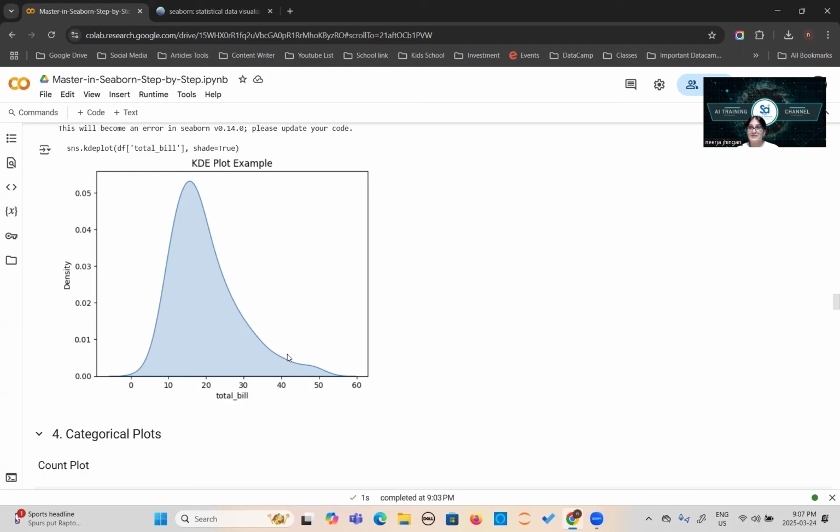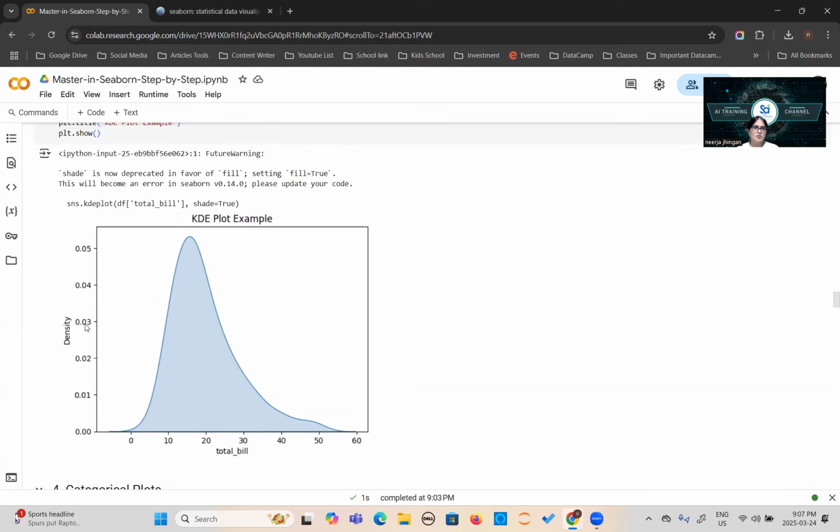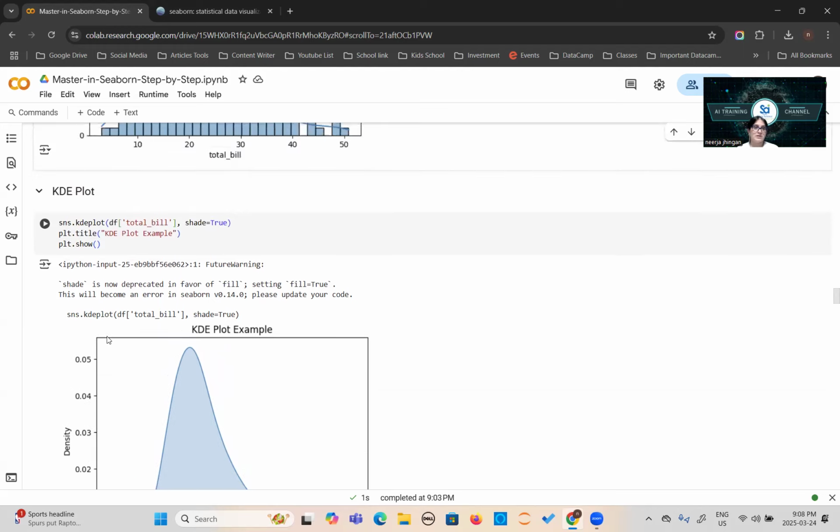You have to handle it. And then here it is showing the density value. You use this graph when you want to show the distribution or skewness of the data. You can see here, Seaborn supports this graph again using a single line. You can use the parameter shade equals true.